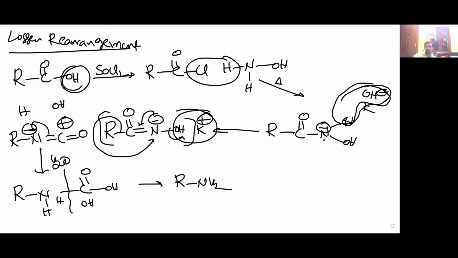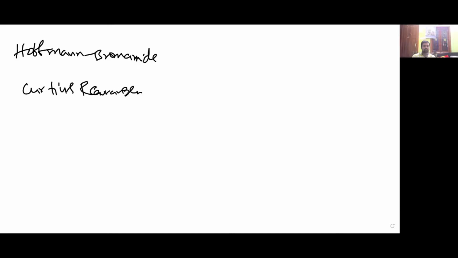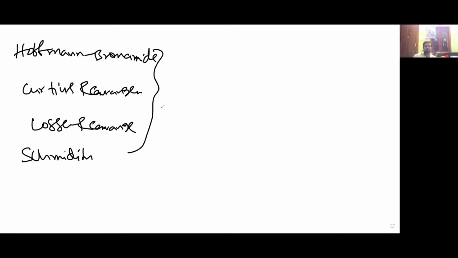The most important thing here, a very important thing I wanted to tell, in the Hofmann bromamide, Curtius rearrangement, Lossen rearrangement and Schmidt reaction: for these four named reactions, the most important reaction intermediate is R-N double bond C double bond O, alkyl isocyanate.